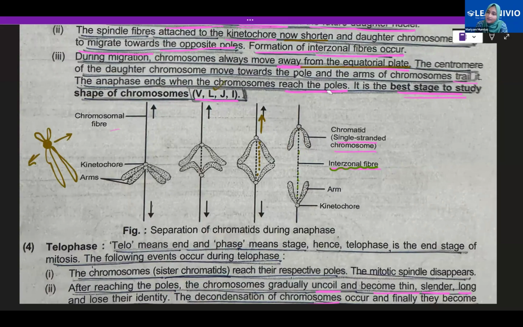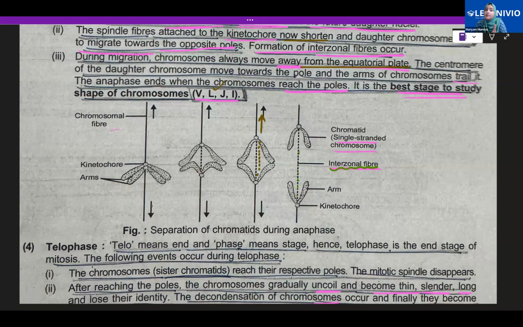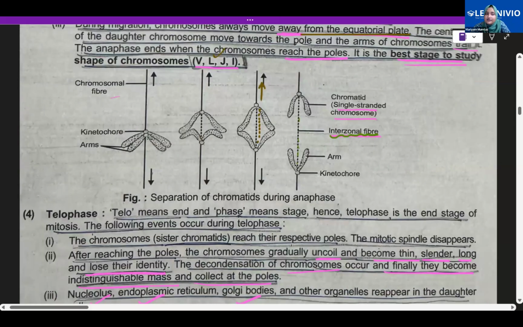So depending upon the type of chromosome, when the chromosomes split and the chromatids move towards the opposite poles, they form different shapes, and that shape can be studied best during the anaphase. Clear? Understood? Yes, ma'am.